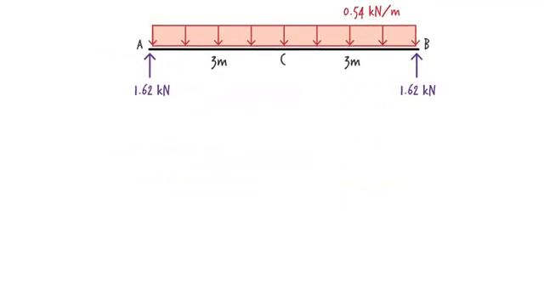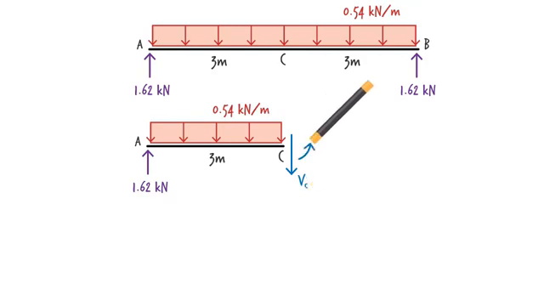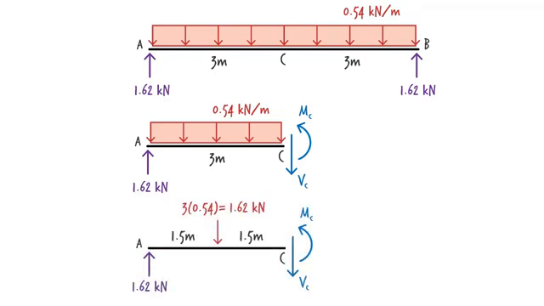Knowing the support reactions, now we are ready to calculate the shear and moment values. To determine the shear and moment at C, we cut the beam at its midpoint and draw the free body diagram for the left segment of the beam. We denote the unknown shear force at the cut point as VC and use MC for the unknown moment. Since a distributed load appears on the free body diagram, before writing the equilibrium equations, we can replace the rectangular load with its equivalent concentrated load, just as we did in the previous step.